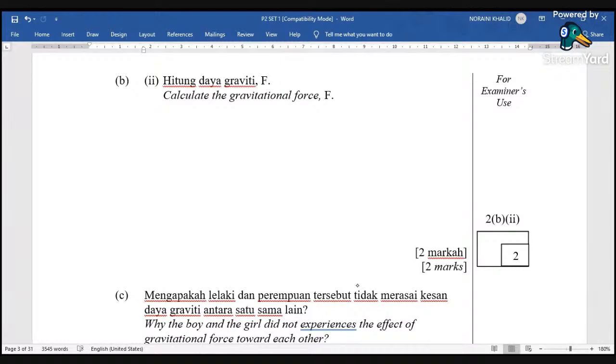Calculate gravitational force F. Okay, you just substitute all the values.